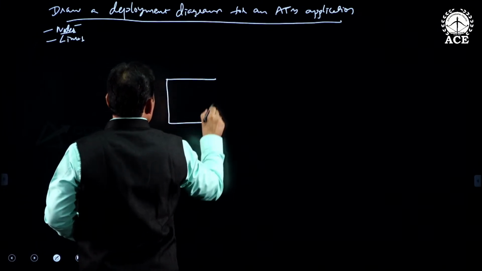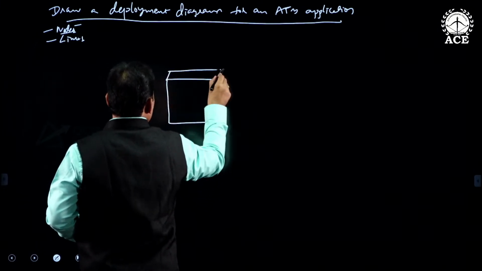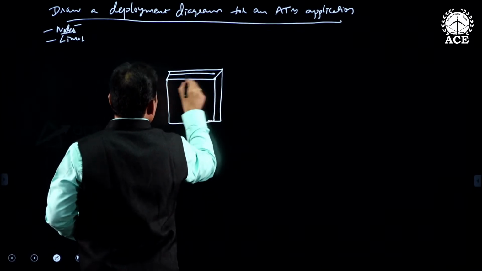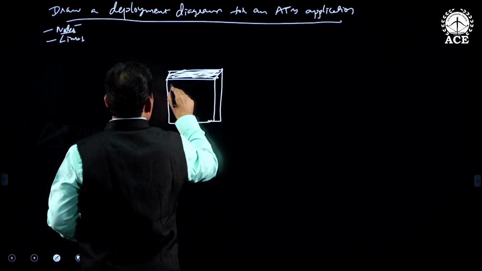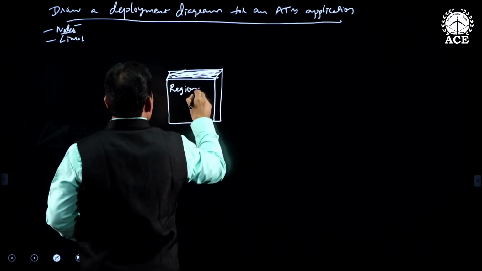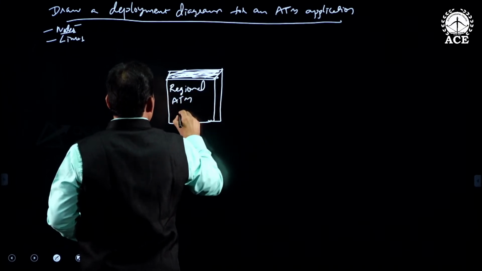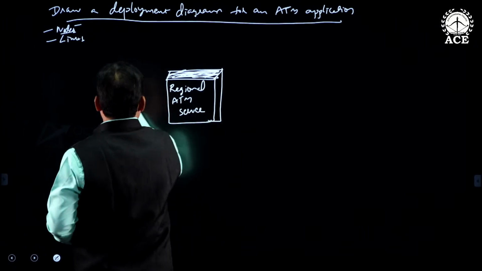So this is a node, right? This is a node, the regional ATM server. ATM server is one of the nodes.